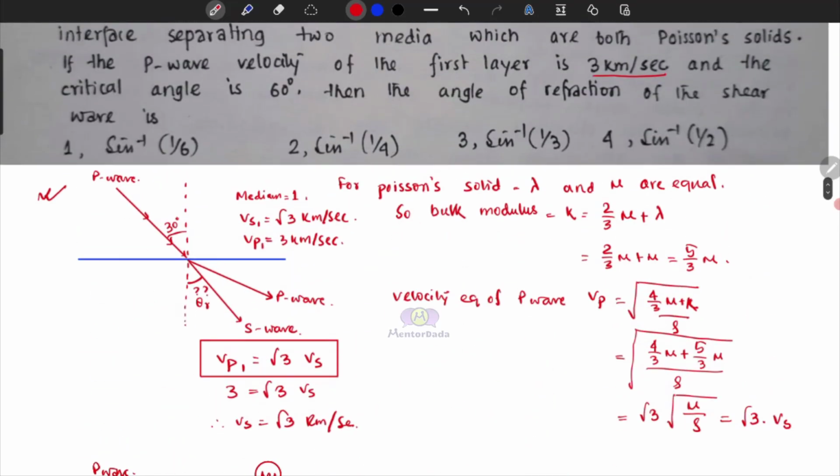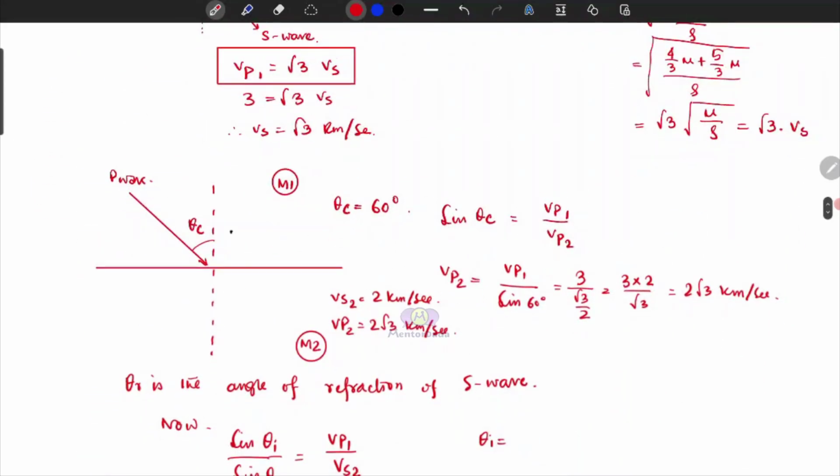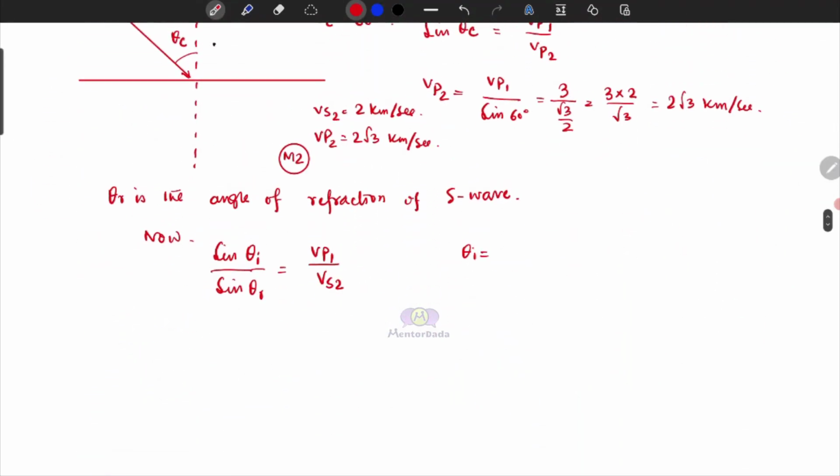So theta i, what is theta i? Theta i equals 30 degree. So sine of 30 degree by sine of theta r equals Vp1 by Vs2. What are the values of Vp1 and Vs2? Vp1, the velocity of P wave in medium 1, is 3, and the velocity of S wave in medium 2 is 2.